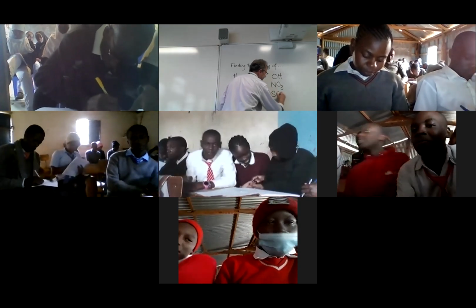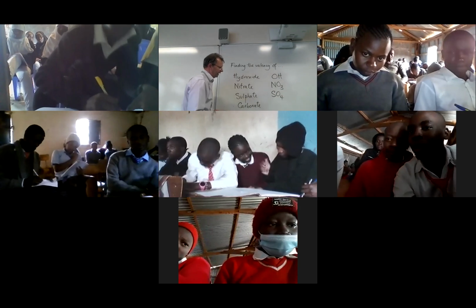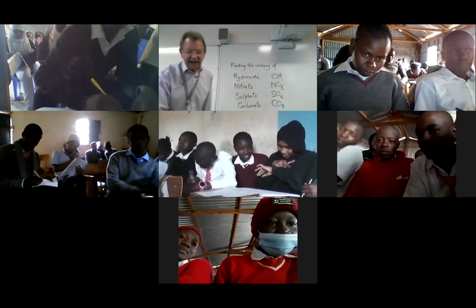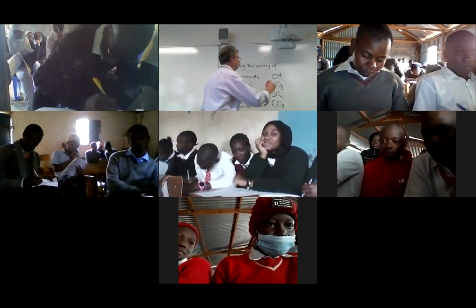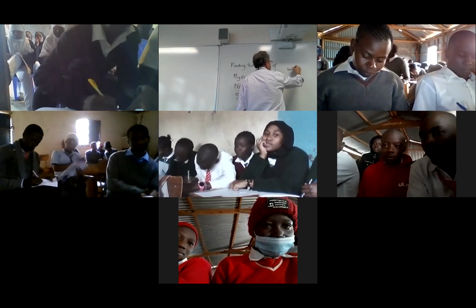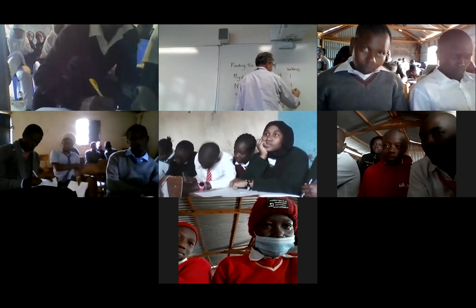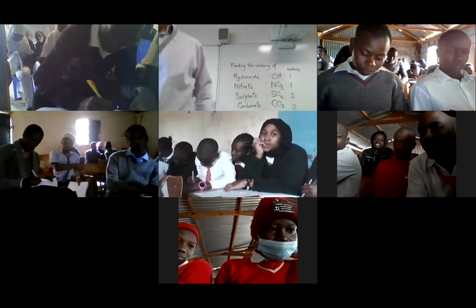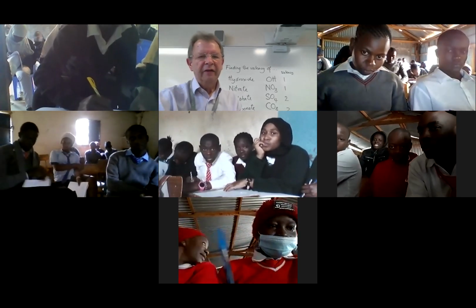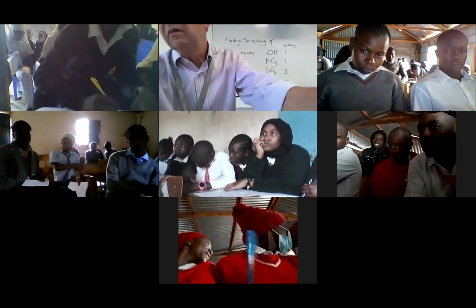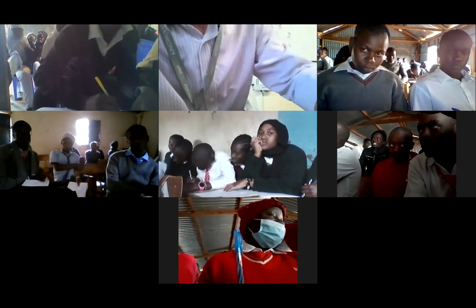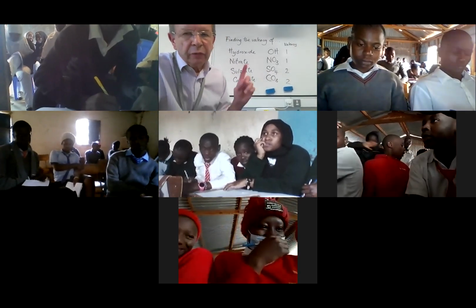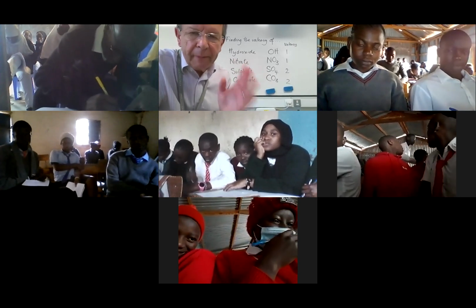Nitrate is NO3. Many of you will know this, but it's just refreshing. Sulfate, SO4, carbonate, CO3. The valency of these is there. This is something you need to just try to remember.